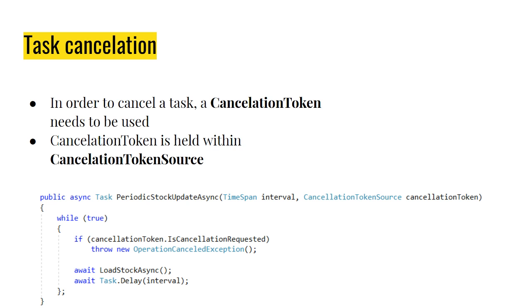You fired a long-running task, but something went wrong and you want to cancel it. So you can cancel tasks the same way you cancel threads, with a cancellation token. To get a cancellation token, you need a cancellation token source. And by passing the cancellation token into an asynchronous operation, you can cancel it.